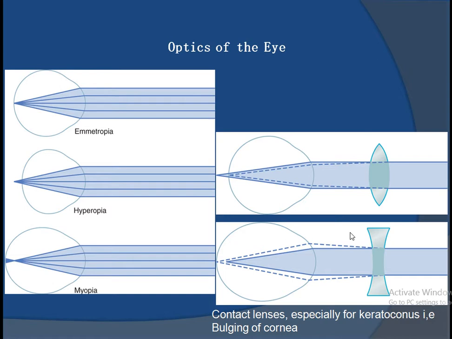Your vision is limited to the glasses only, while lenses are put over the cornea, so when you move your cornea anywhere, the lens moves with it, and you can have a greater visual field as compared to glasses used in front of the eye.